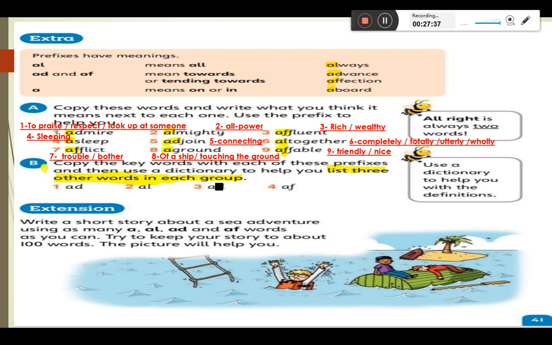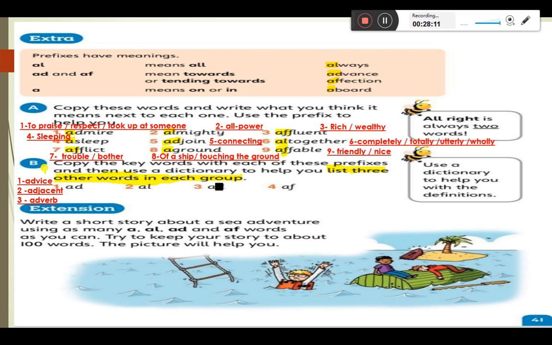Okay, so we can have words like advice, adjacent, and now we still need another word. Okay, here is the 3 words. So we can have advice, adjacent, adverb, and I want you to get another new one, okay, because adverb is not a new word, so I want you to write a new word for add, like advertisement, for example.